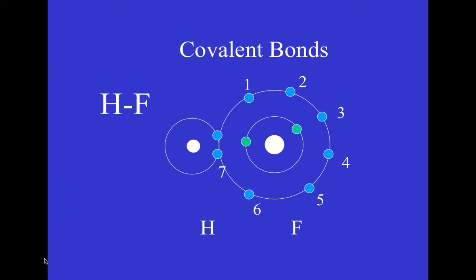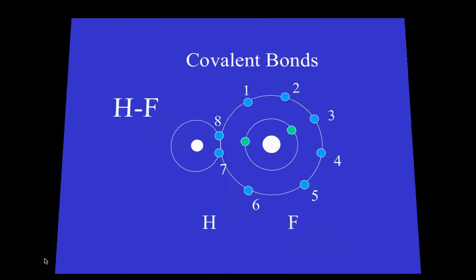One of those shared electrons came from fluorine. And then hydrogen, which has 1, shares its 1 with fluorine to make 8. Hydrogen needs 2 electrons, remember, to be stable, and that's exactly how many are in those shared electrons.